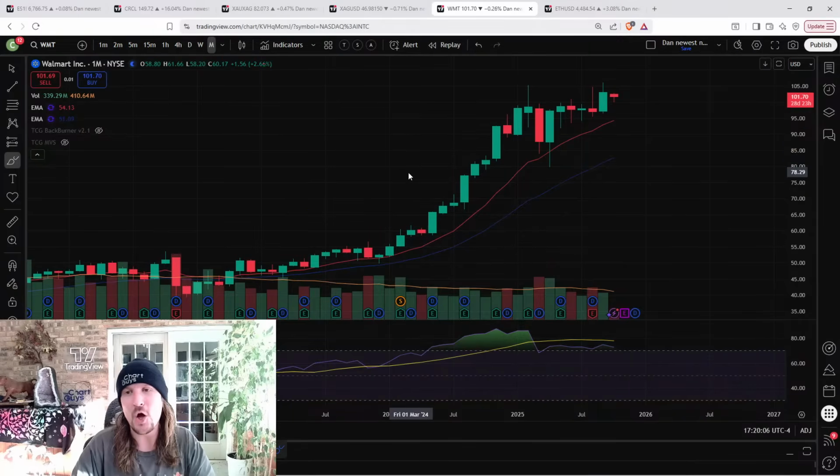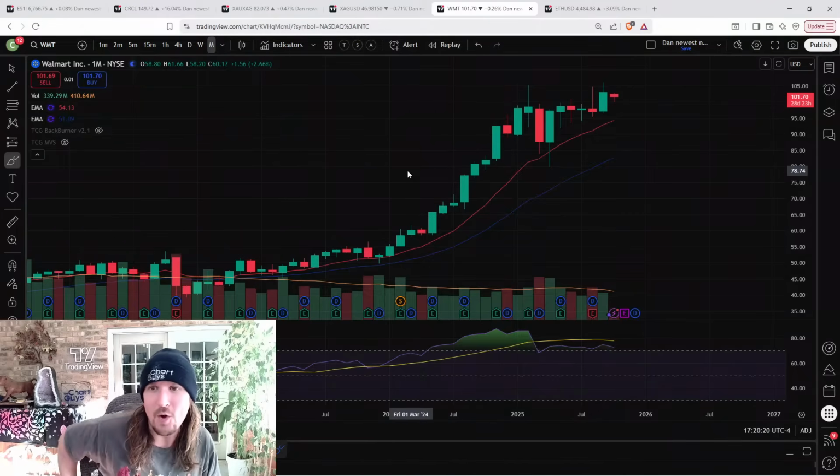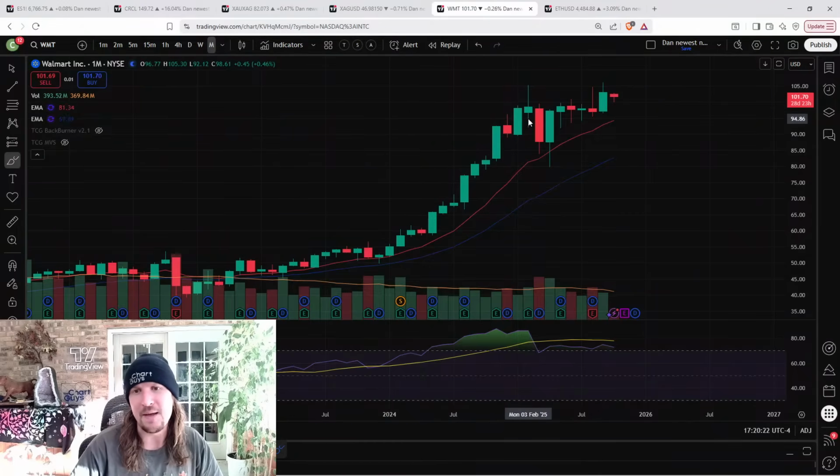So many of my long-term positions are just, if we're holding weekly EMA 12, if we're holding monthly EMA 12, I'm not doing anything. As soon as the trade's going in my favor and I've got some profit cushion, it's just let it run if that is holding. And so that's the case for Walmart here, which did just get an all-time high. No real follow-through, but it's still holding on just fine.